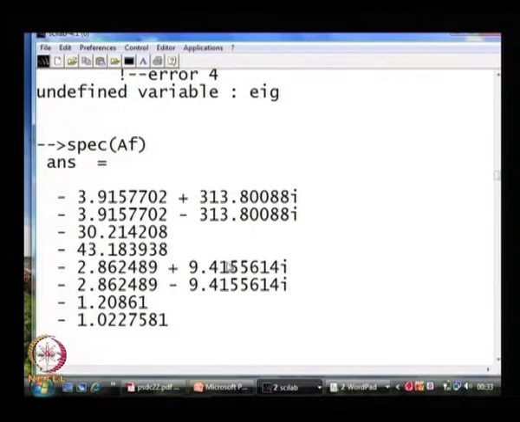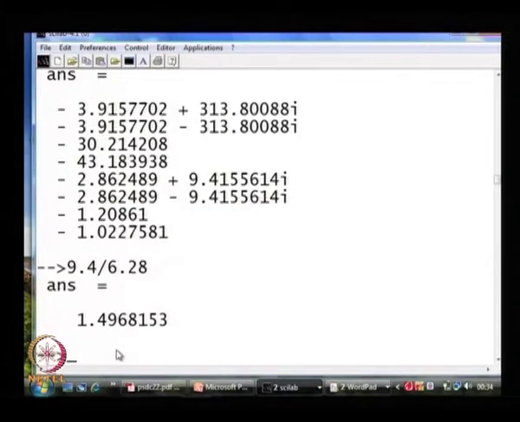These two extra eigenvalues indicate a damped oscillation of frequency 9.4 radians per second. Divided by 2 pi, that corresponds to 1.49 hertz.